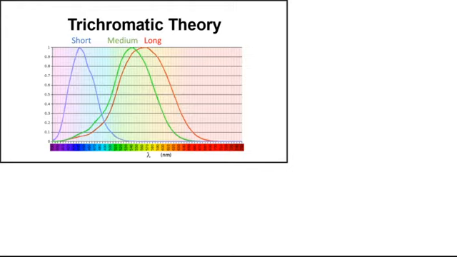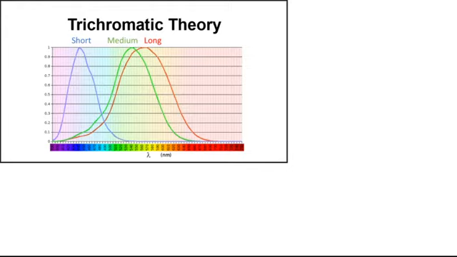And so for our brain, if we were looking at, let's say, the 480 nanometer wavelength there, that's going to have a little bit of firing from all three. So equal firing of blue and green, and then even less firing from red.